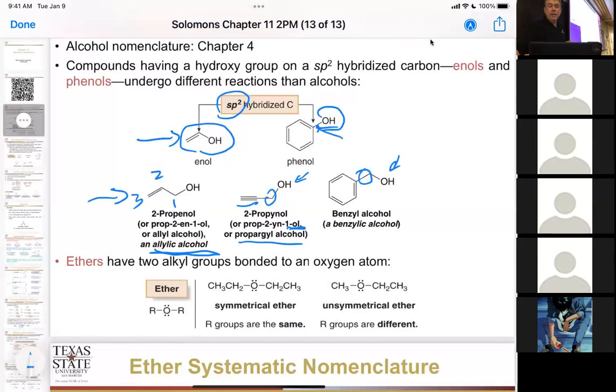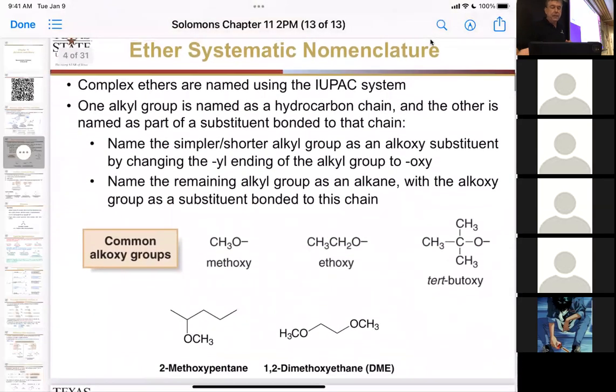So let's talk about how to name these things. Well, let's start with the ethers. Ethers do not change the name. They are always a substituent, just like the halogens. They don't change the name. So what you have to do is look for the longest hydrocarbon and then add the substituent as a name. And how do we do that?